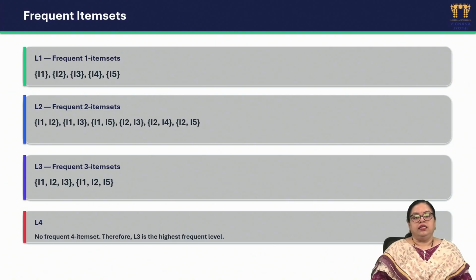In L3, the 3 item combinations are I1, I2, I3 and I1, I2, I5, which have support count of at least 2. So we consider up to L3 and discard L4, because the support count of the 4 item set combination is less than the minimum support of 2.